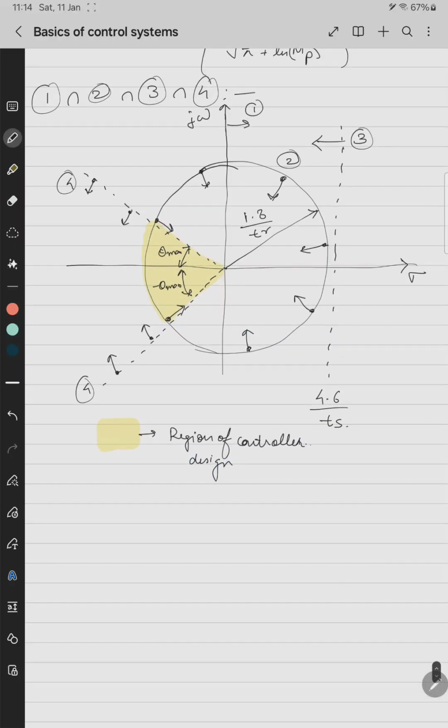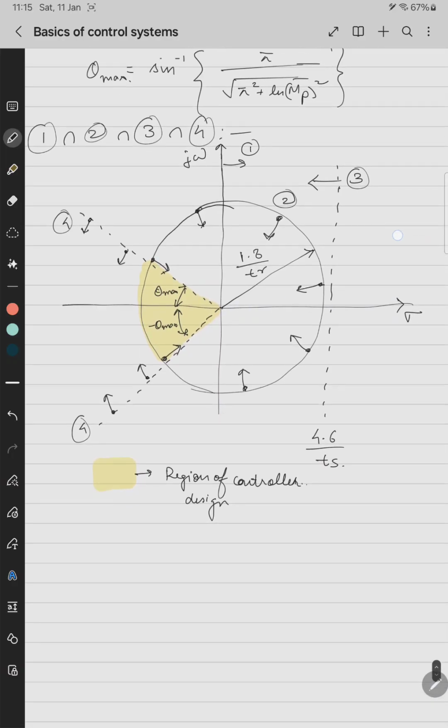So our controller has to be designed in such a way that the complex axis lies in this part only. Then it will satisfy all the conditions: stability, steady state, and dynamic responses.